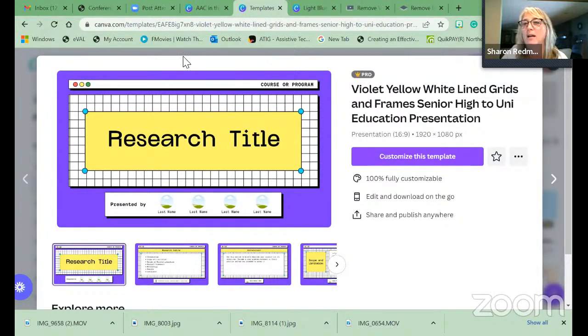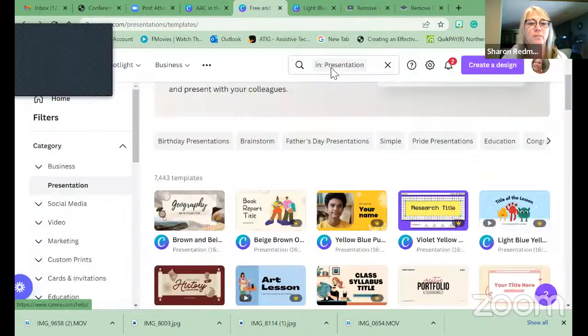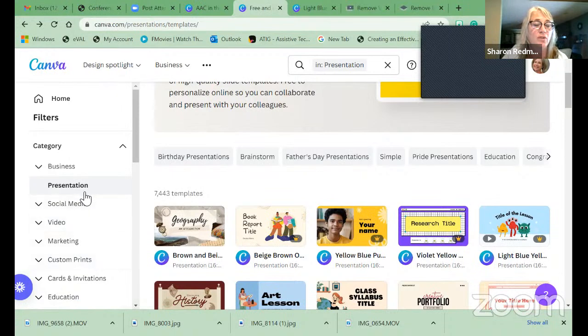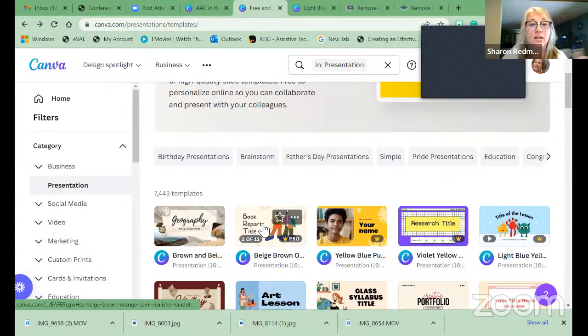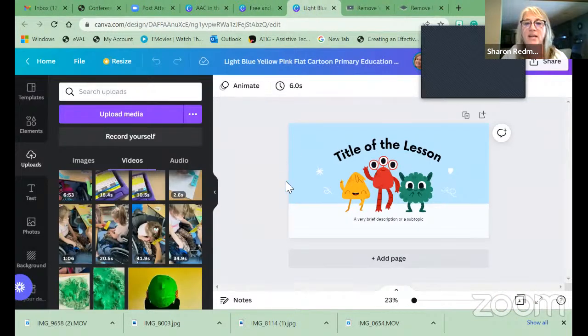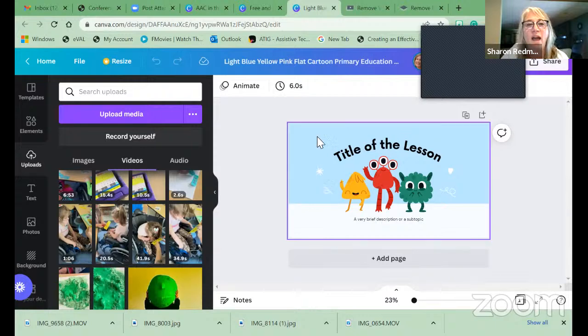So how you start is, there's so much that you can do. Let me move me out of the way so that I can show you the screen. So they have lots of templates here. You can search the different types they have, like presentation. This is where I start with my students. Sometimes I start with one that is built. Sometimes I start with a blank background. So here I chose this fun guy that is already kind of pre-built.